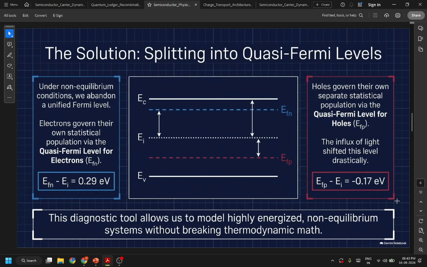So in the earlier case, we had EFN minus EI equals 0.29 eV, and here the EFP got shifted, so EFP minus EI is now minus 0.17 eV. This diagnostic tool allows us to model highly energized non-equilibrium systems without breaking thermodynamic math.